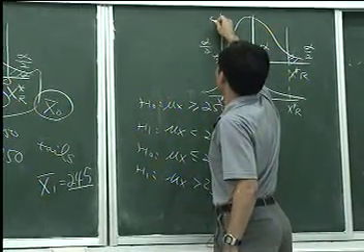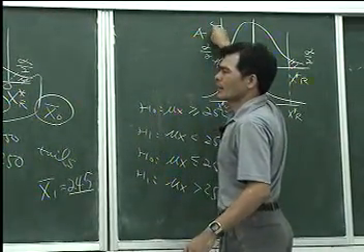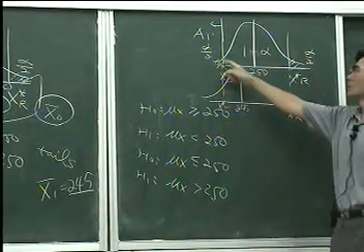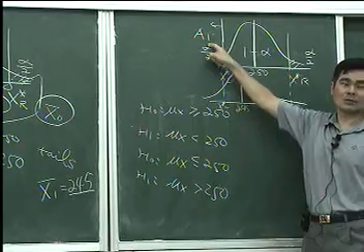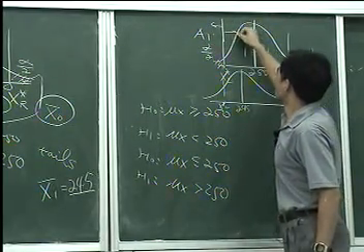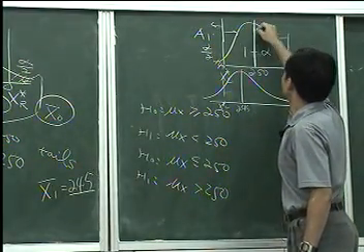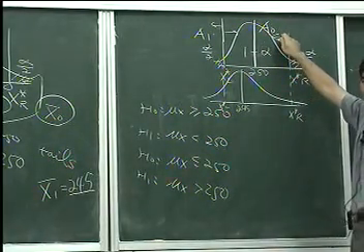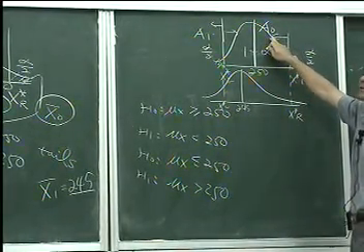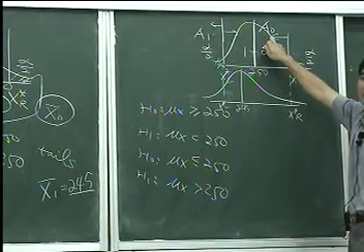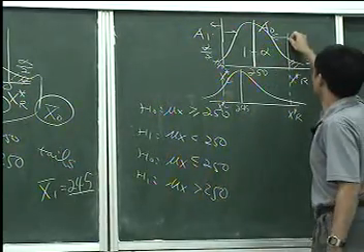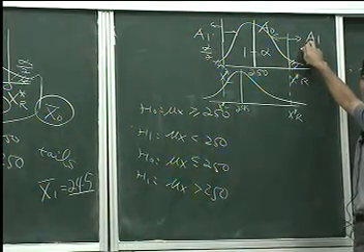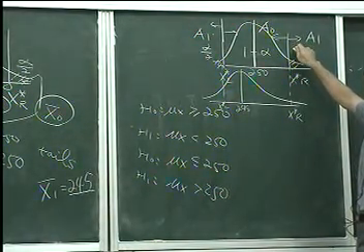This is when you take action 1. Action 1 means you believe in H1. But in this region, you take action naught, and you believe in H naught. And here, you take action 1. You believe in H1, okay?